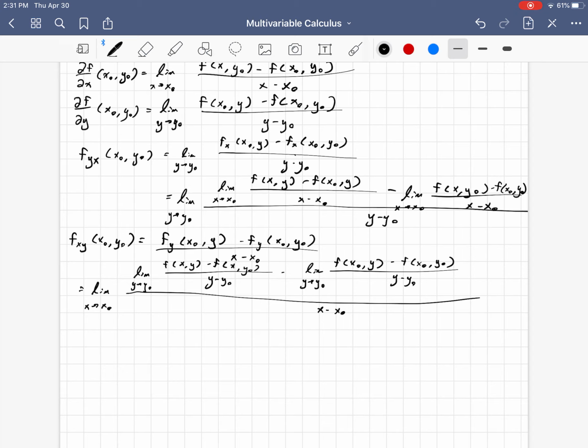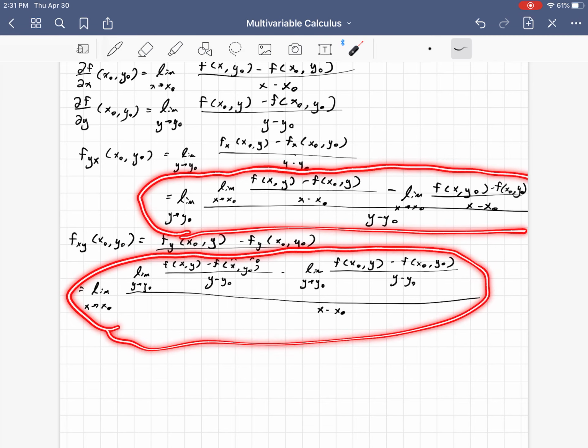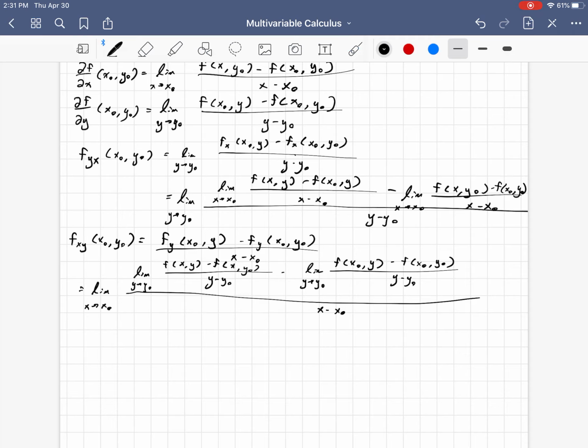So now what I'm going to do is I'm going to just lightly algebraically mess with this big limit definition. I'm going to multiply this first one by x minus x naught over x minus x naught.